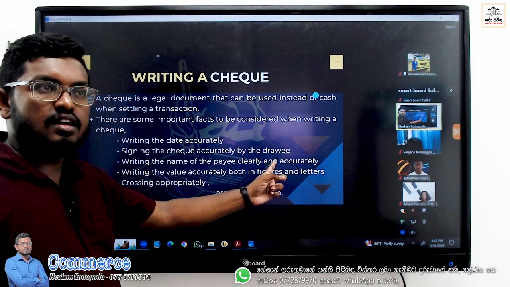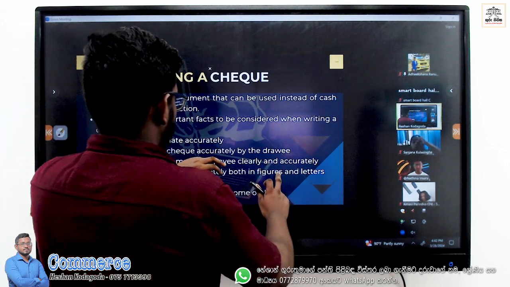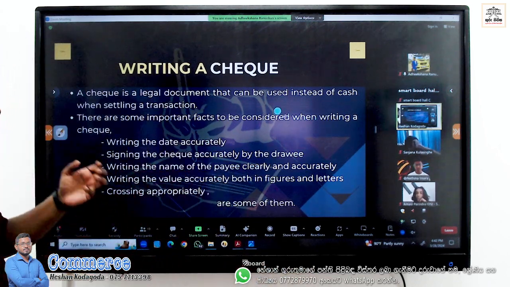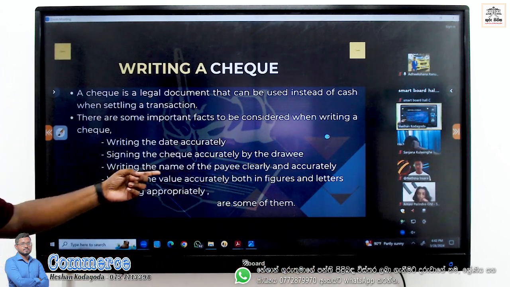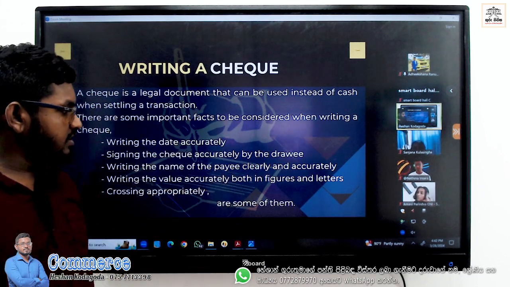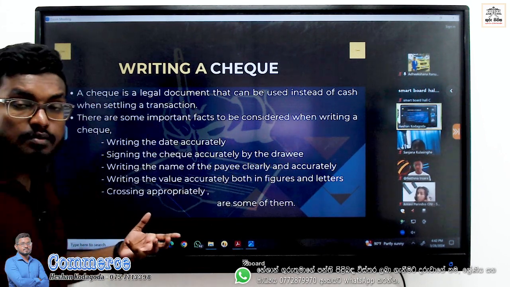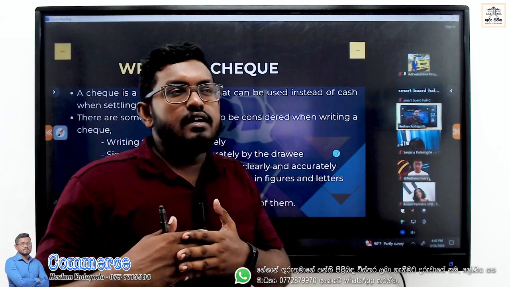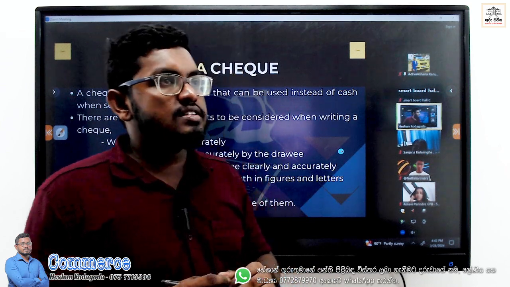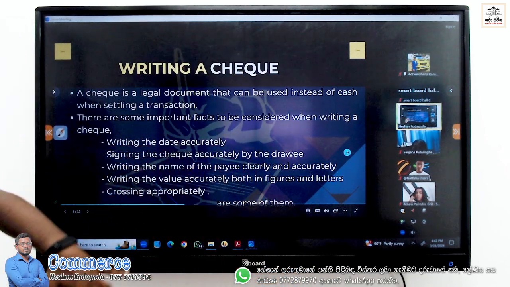So signing the check accurately by the drawer. The drawee is the drawer's bank, right? So the bank is not signing. Writing the name of the payee clearly and accurately. Writing the value accurately both in figures and letters. Crossing appropriately are some of them. There are more, like not writing anything in the MICR. Understand? Likewise, there are so many things we can include. Okay, let's move to the other part.